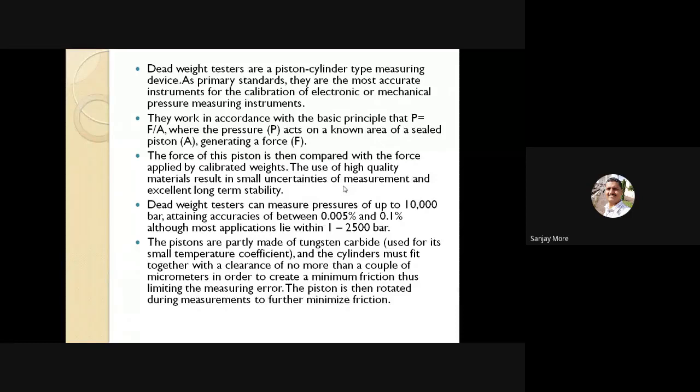The pistons are partly made of tungsten carbide, used for its small temperature coefficient.